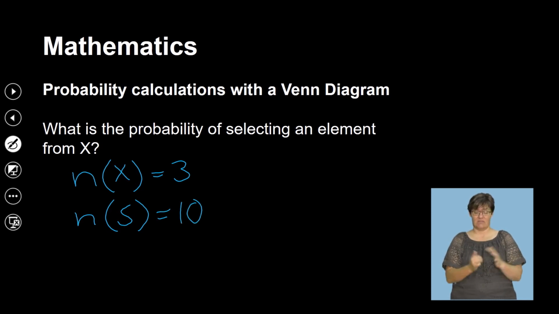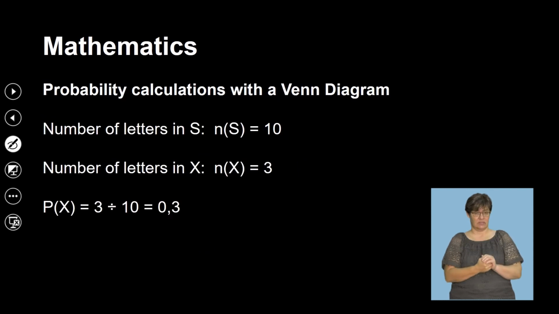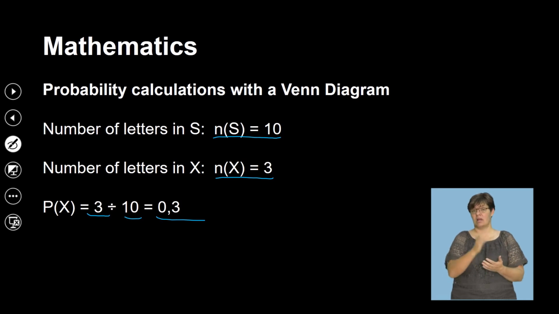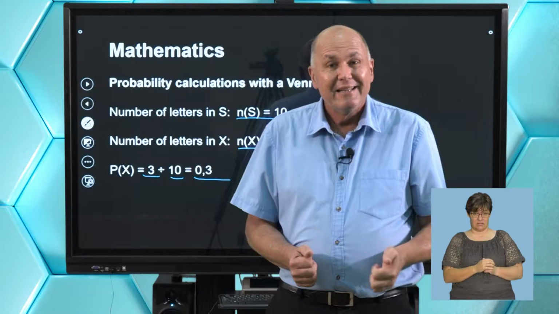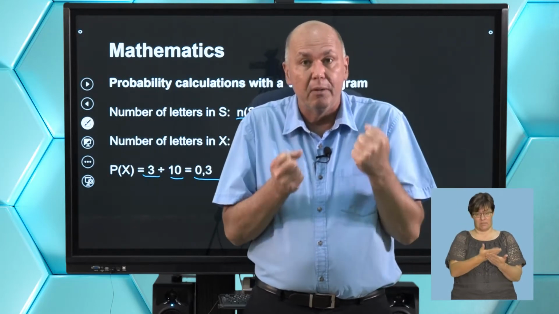And so if we were to calculate the probability, it's these two numbers divided by each other. And if we look at it graphically, there we go, we've got 10 in the sample space, we've got 3 letters, and we take 3 divided by 10, which gives us a probability of 0.3. Now, that was really quite easy. Remember, this is the theoretical probability.